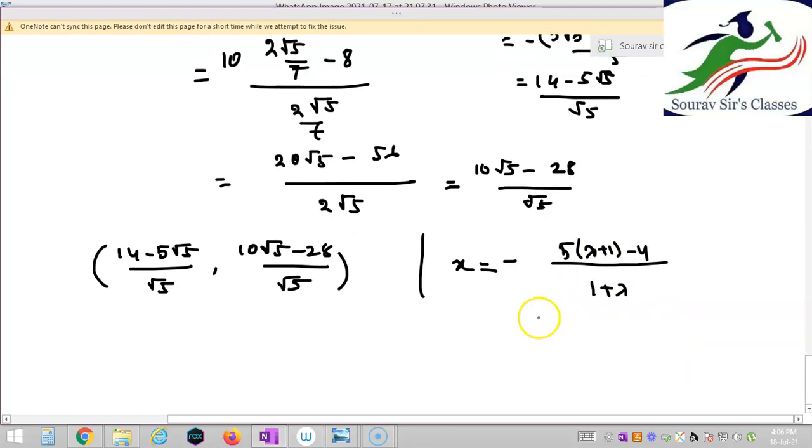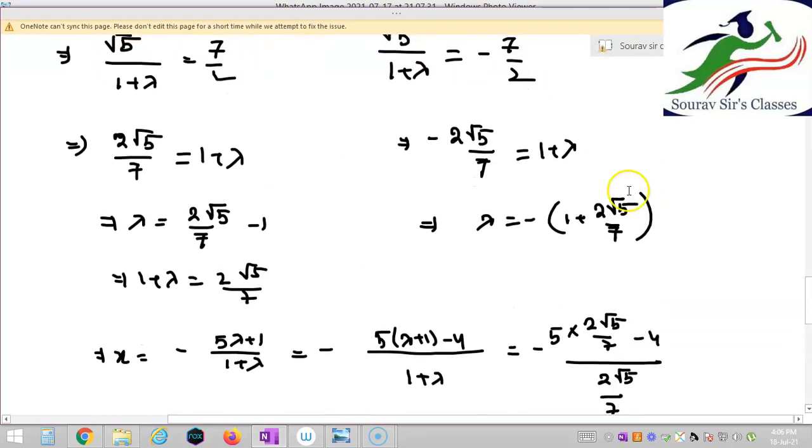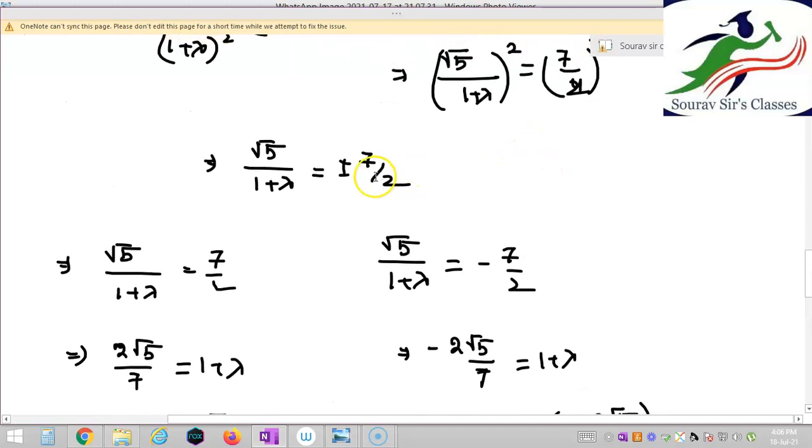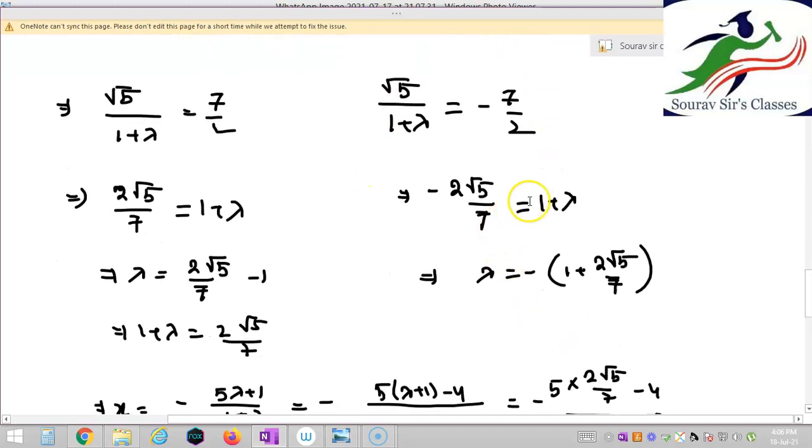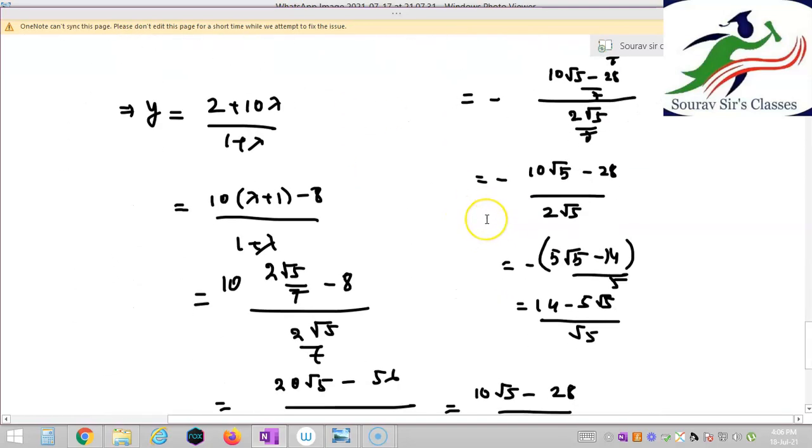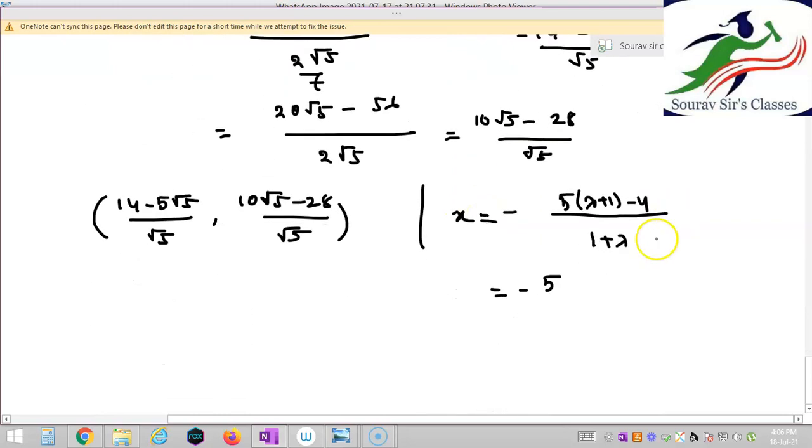So I am going to put this value: 1 plus lambda is minus 2 root 5 by 7. So minus 2 root 5 by 7 minus 4 by 1 plus lambda, which is minus 2 root 5 by 7.